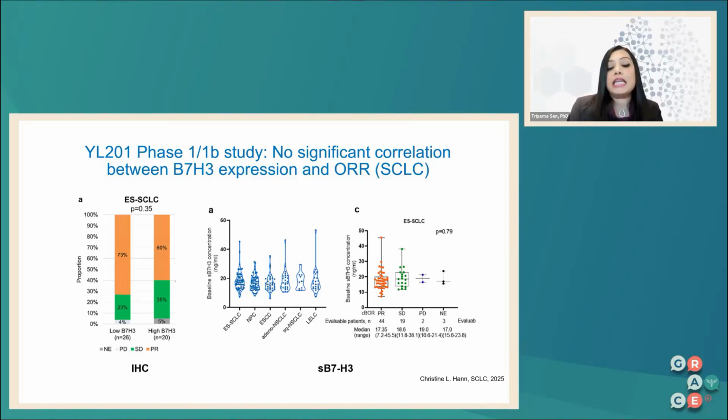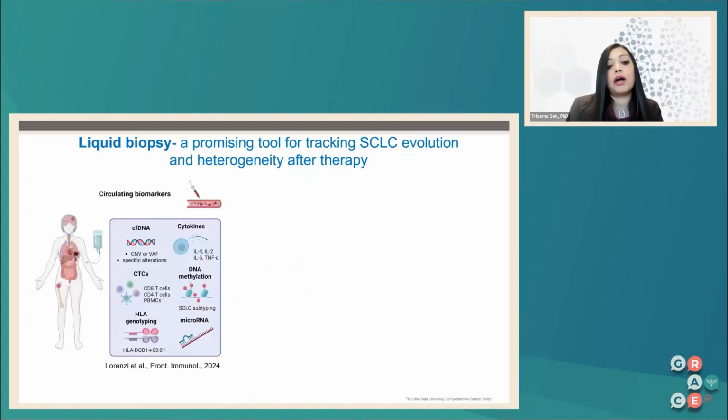But again, we need larger studies, we need more prospective selections, and I think the jury is still out there whether the surface expression of these markers would actually predict response, or whether we need better ways to estimate whether IHC is a good way to estimate this expression, or we need better platforms to look at the expression of these biomarkers.